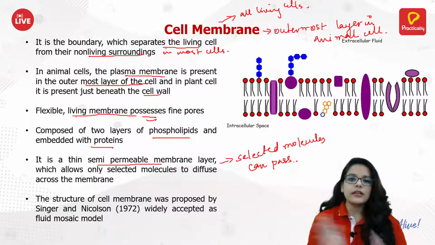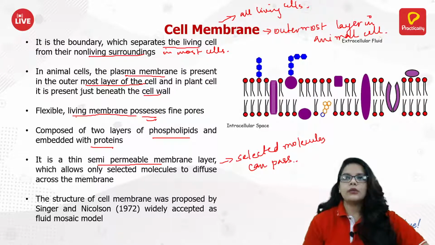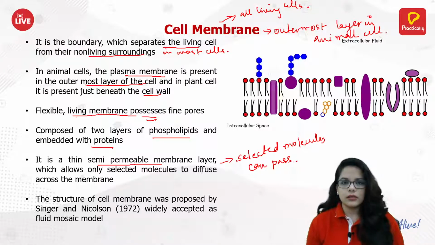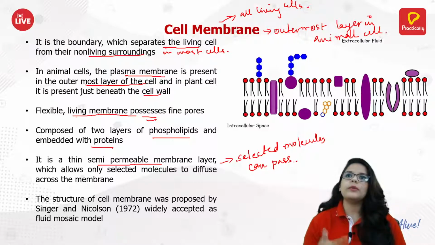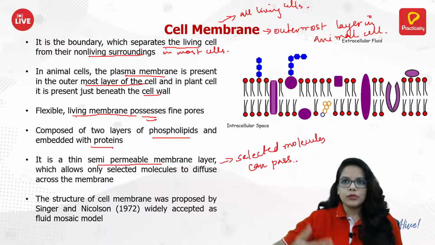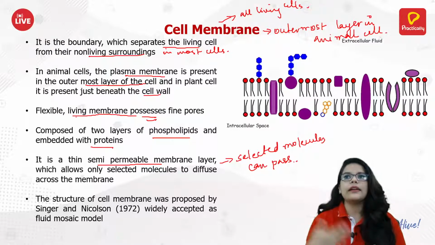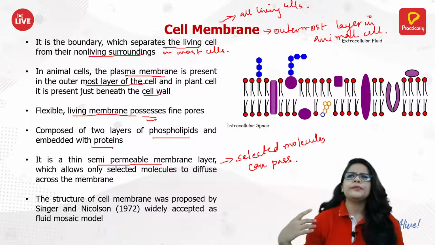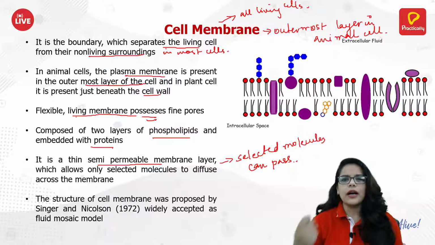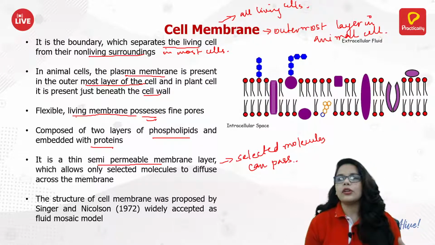The cell membrane is actually a kind of complex part of the cell. So just after they discovered that there is something called the cell membrane, people had a number of theories about it: what it is made up of, what the different parts of the cell membrane are. A lot of people gave a lot of structures.